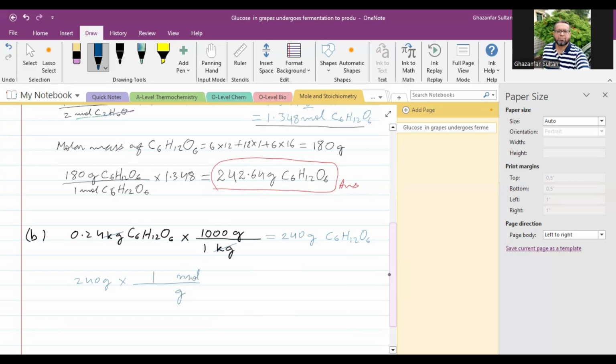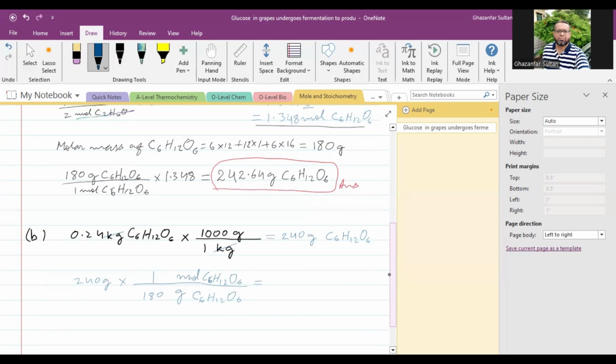So 1 mole glucose, C6H12O6, is equal to 180 gram of glucose. Okay, so now you can calculate it. Use your calculator.